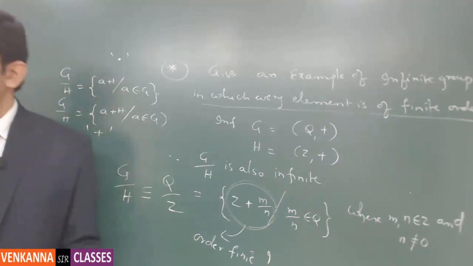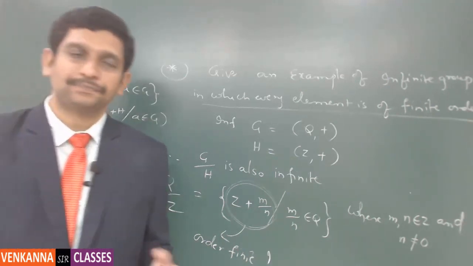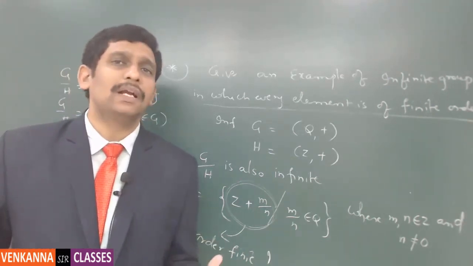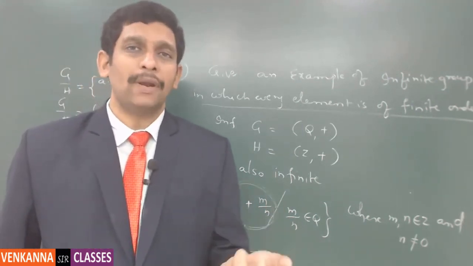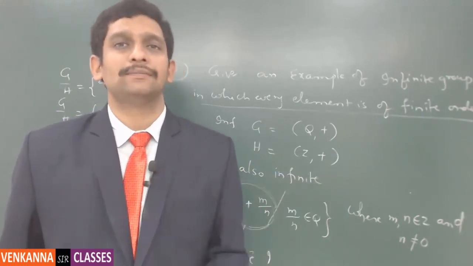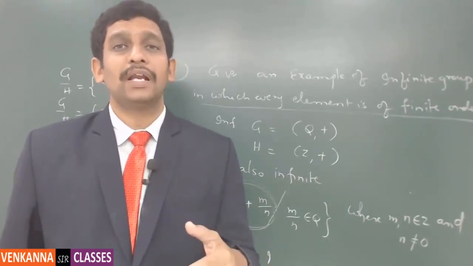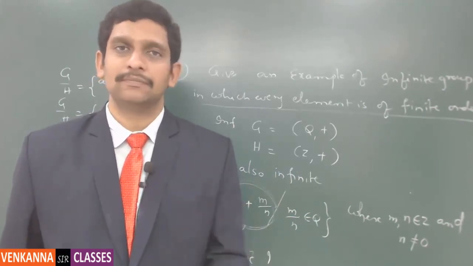Right. Now, as per the definition of order, order is nothing but if you take an element and apply the operation repeatedly on the element, then after a finite number of steps you should get the identity, right?